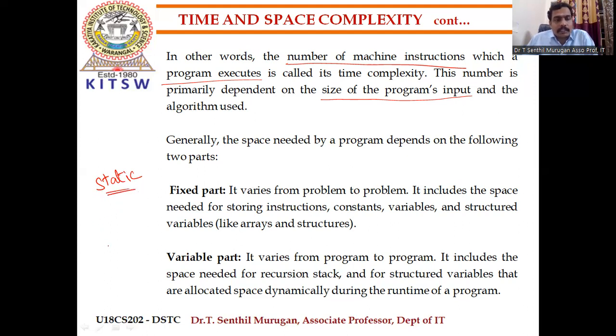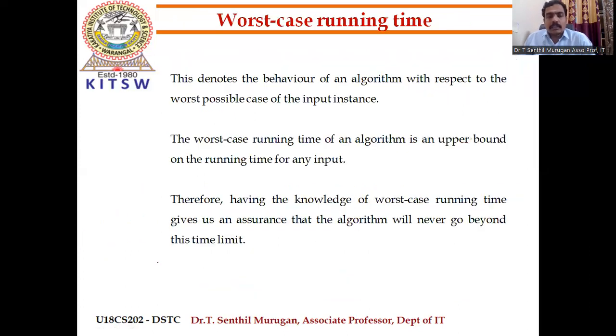That is static memory allocation. What is dynamic memory allocation? Dynamic memory allocation means while we are executing the program, at runtime, the operating system will allocate the memory for the variables. That is the variable part of the program. Based on these two only, the space complexity will be there.